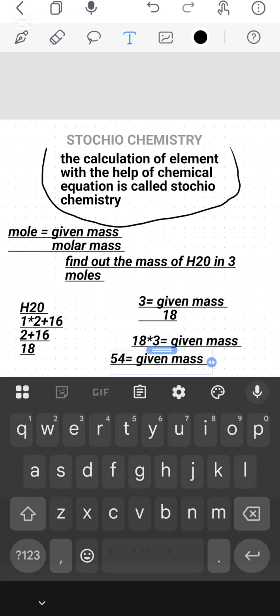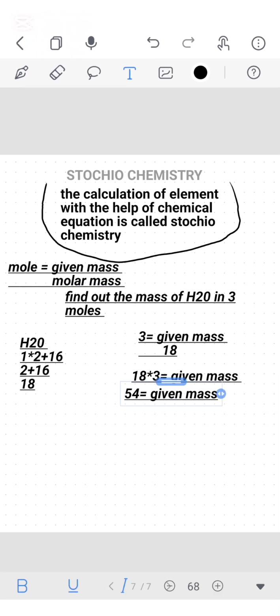Now you may be wondering why I haven't used any unit after 54. If we have to find the mole, the unit we'll be using is mol.